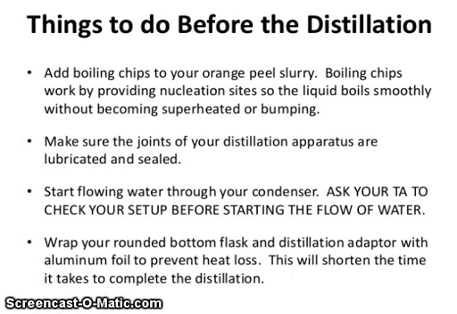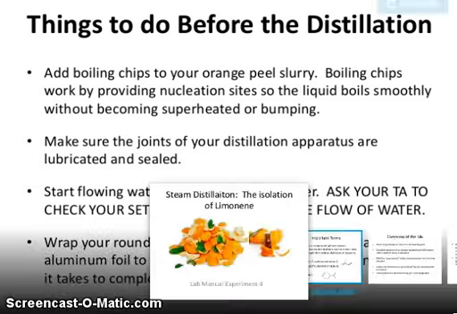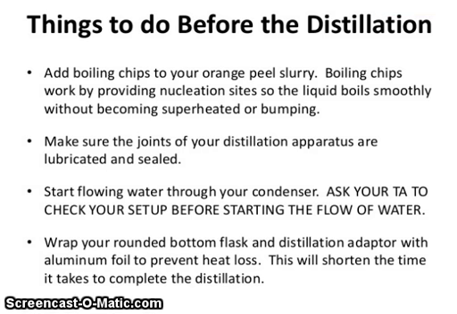Make sure the joints of your distillation apparatus are lubricated and sealed. Start flowing water through your condenser. Ask your TA to check your setup before starting the flow of water. Wrap your round bottom flask and distillation adapter with aluminum foil to prevent heat loss, and this will shorten the time it takes to complete the distillation.